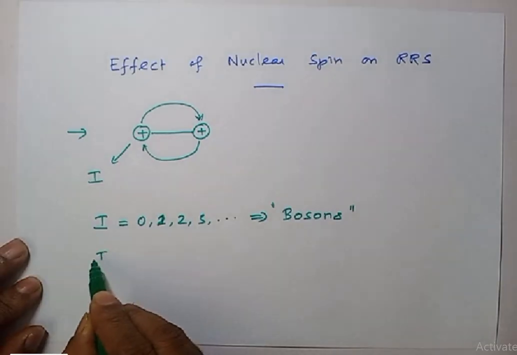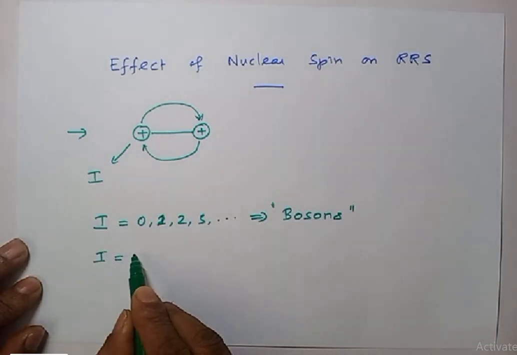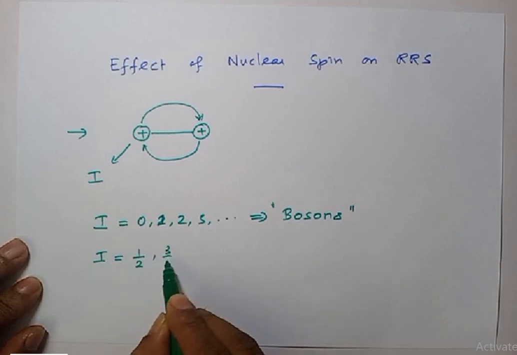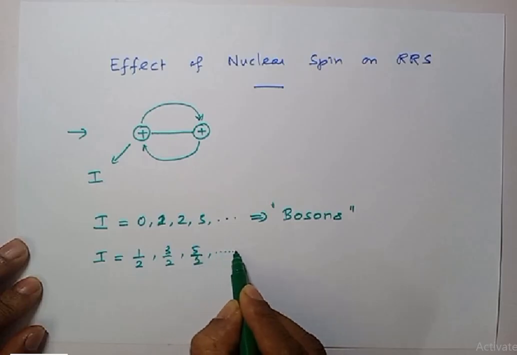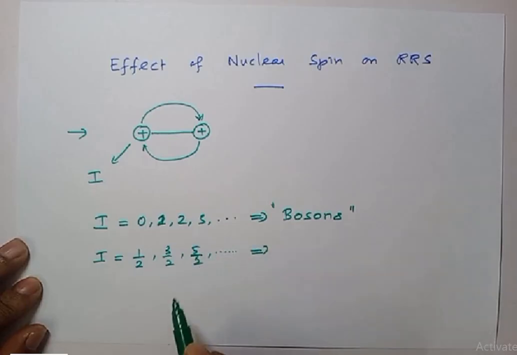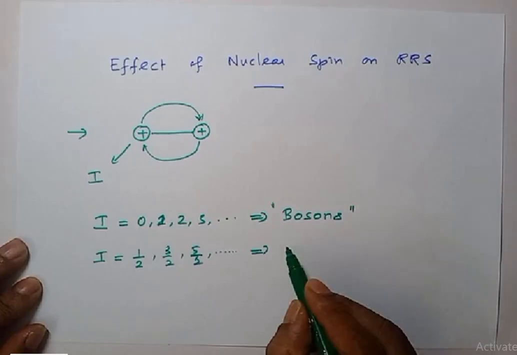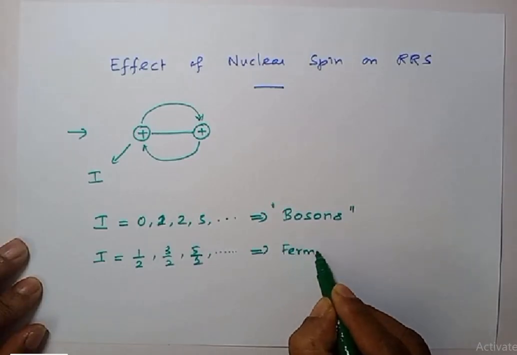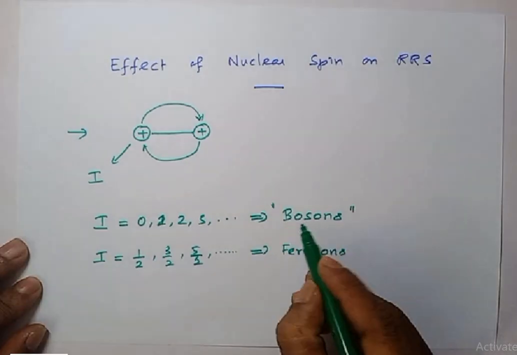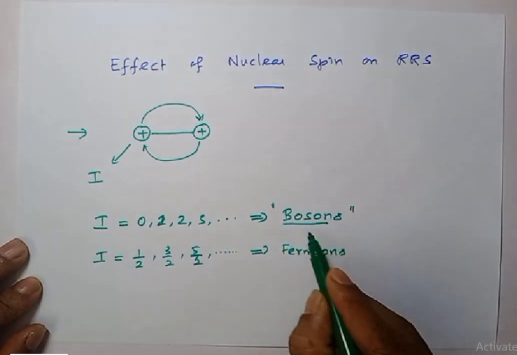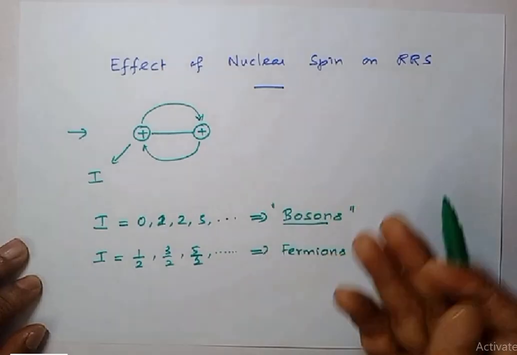If nuclei possess a spin quantum number value of 1/2 or 3/2 or 5/2 or 7/2, etc., then those nuclei are called fermions. Boson is singular, bosons means plural. I am writing in plural form.